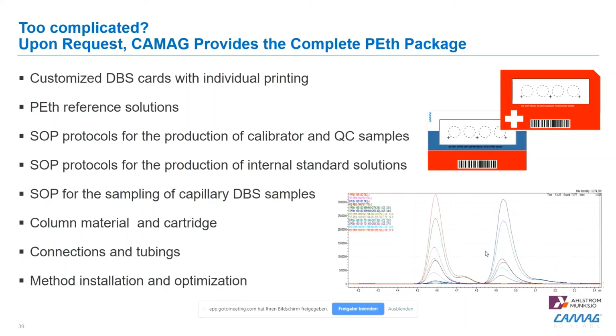We can provide you with PEth reference solutions, with protocols for the production of your calibrator and QC samples, protocols for the production of internal standard solutions, and furthermore, standard operating procedures for the sampling of, for example, capillary DBS samples. We can provide you with column material and cartridges, connections and tubings, and furthermore, the method installation and optimization, so that you can also do fully automated DBS extraction.